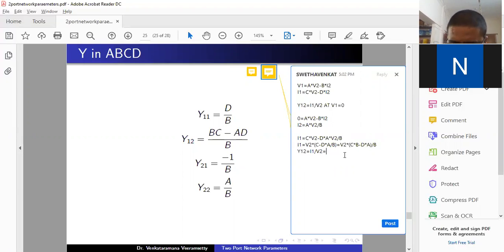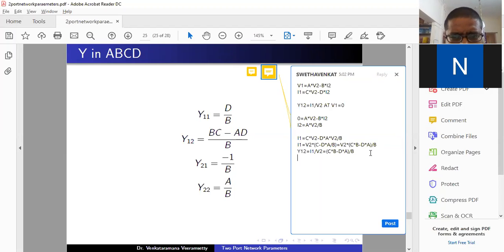Now we have C multiplied by B minus D multiplied by A, divided by B, right? So this is Y12 you can find here. Y12 equal to BC minus AD by B. That is how we can derive the Y12 expression in terms of the ABCD parameters.